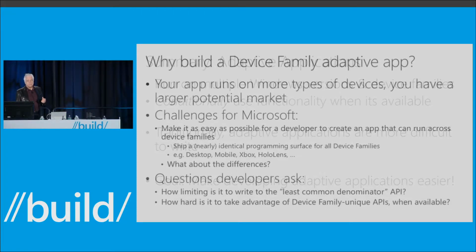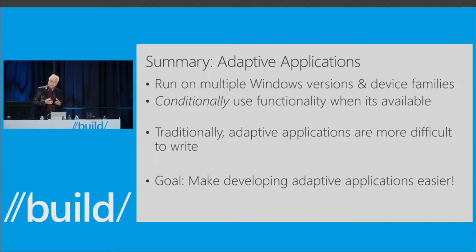And when you do, it's really easy to work around it. So, a summary: we want you to write universal apps in general, and then if you need to be adaptive to take advantage of some special feature that's on these kind of devices but not that one, make it dirt simple to do that.